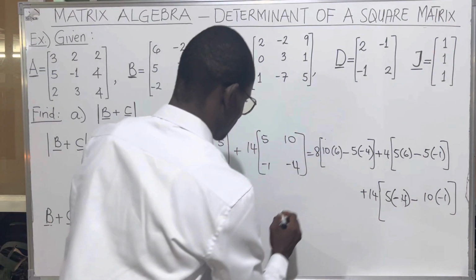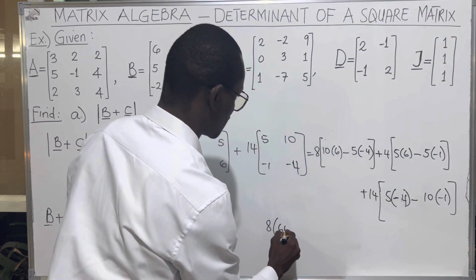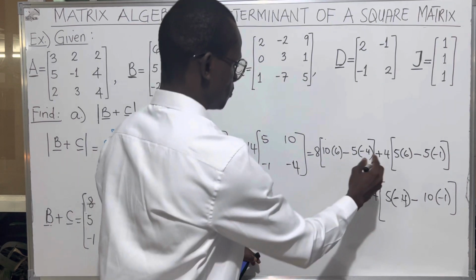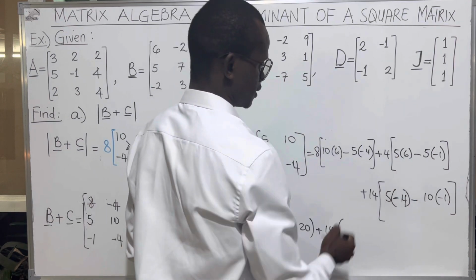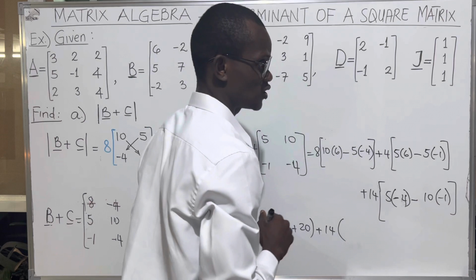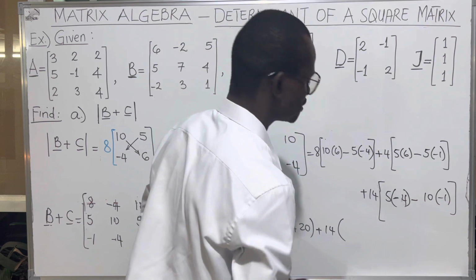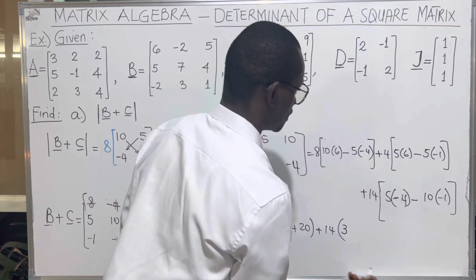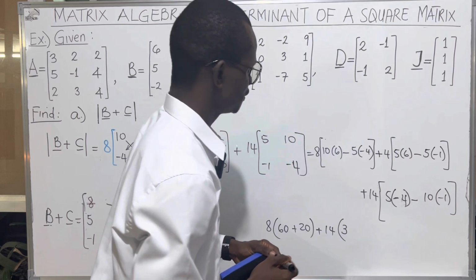So we have 8. 10 times 6 is 60, minus negative times negative is positive 20, plus 4 times, now 5 times 6. 5 times 5 is 25. 5 times 6 is 30.